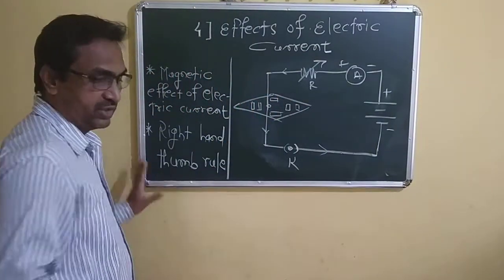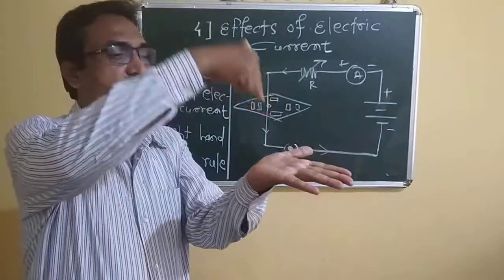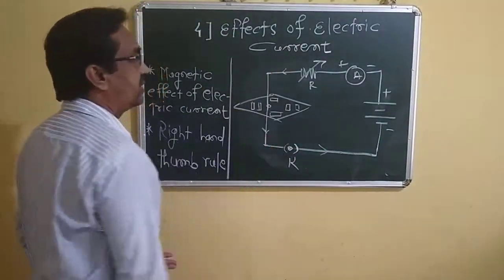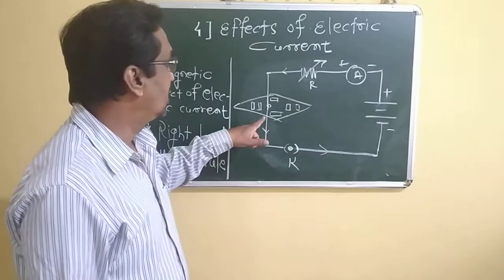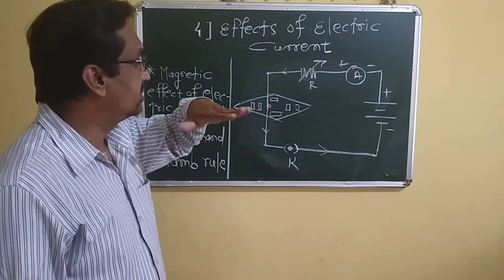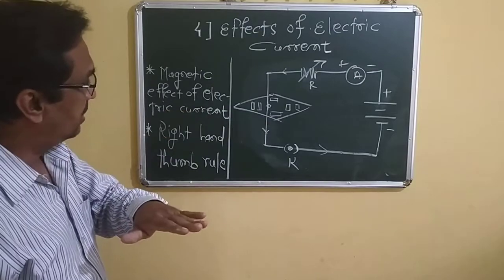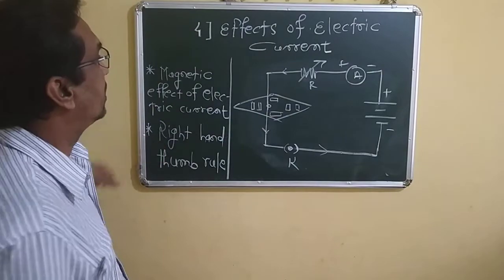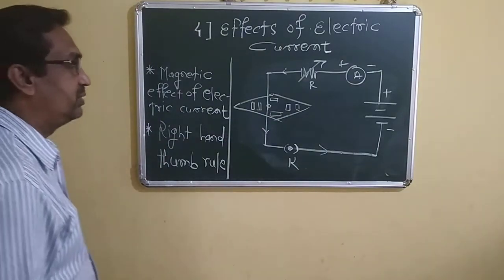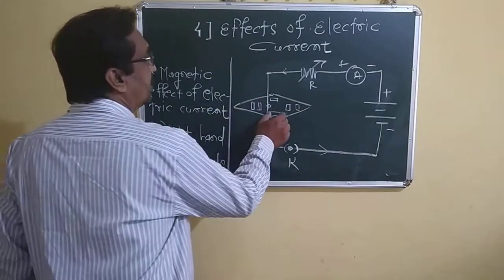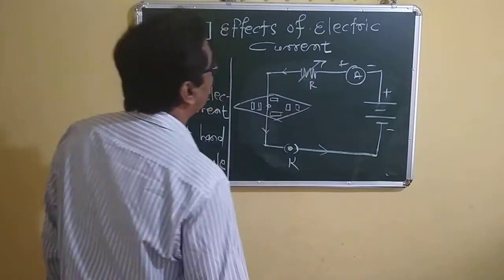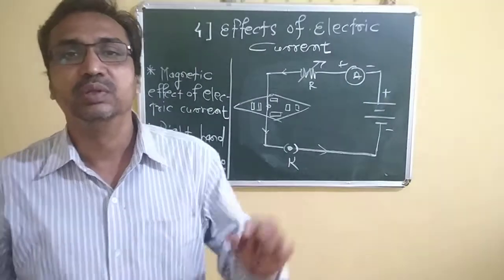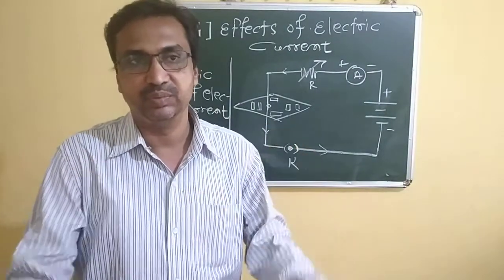Here is the cardboard. Inside the cardboard we have to insert, penetrate, this copper wire or conductor wire through it, and the cardboard remains horizontal. So we have to keep a magnetic needle over it and check in which direction its north and south pole arrows remain stable.